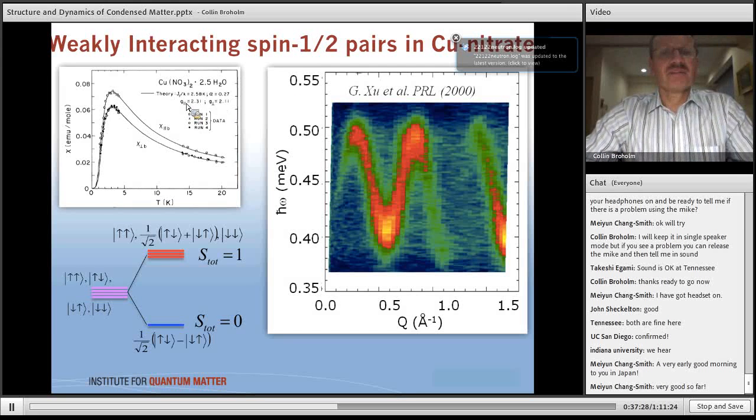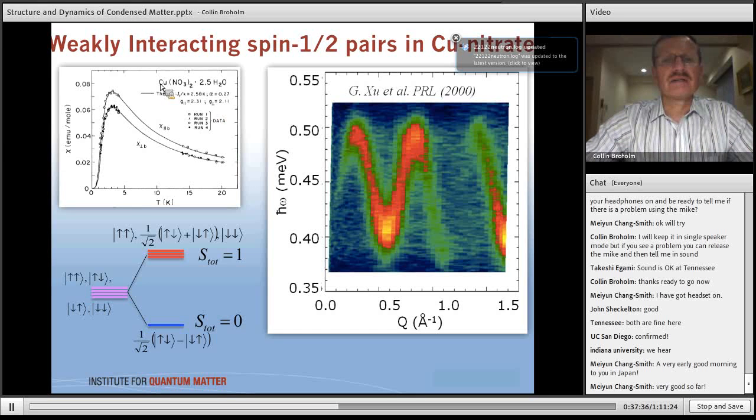When there is such a well-defined quasiparticle which the neutron can create or annihilate, then we expect that the dynamic correlation function should take this form of just a constant times a Dirac delta function.